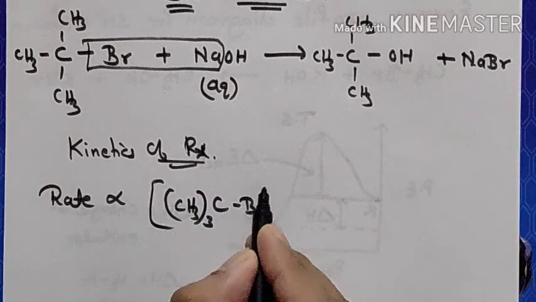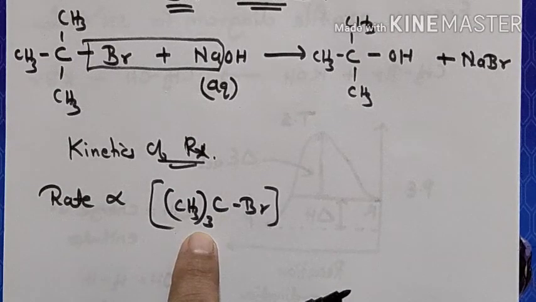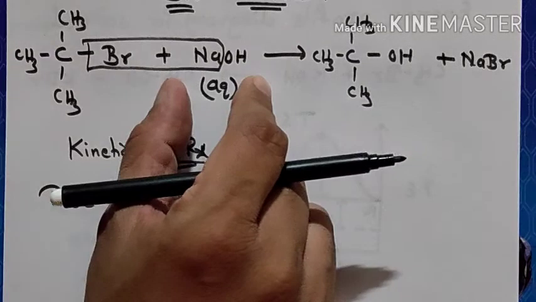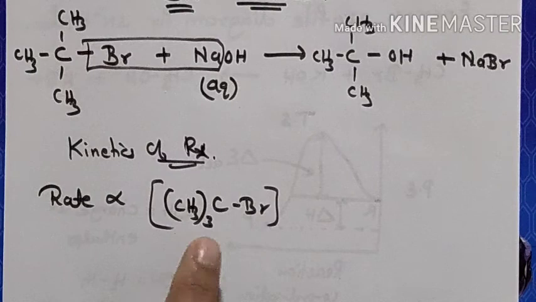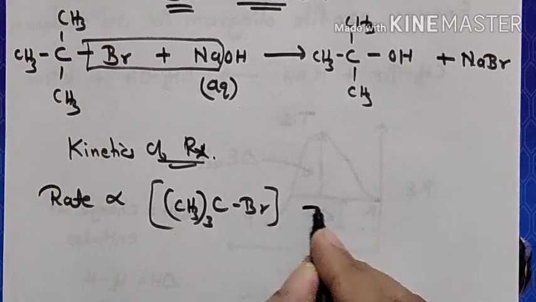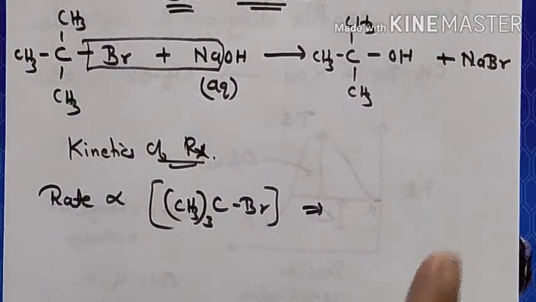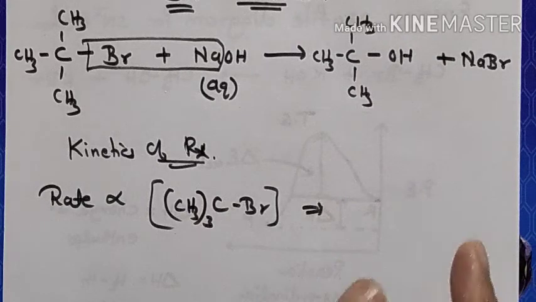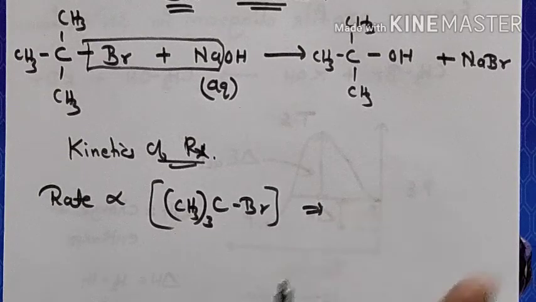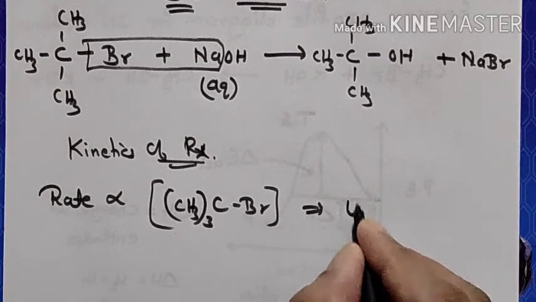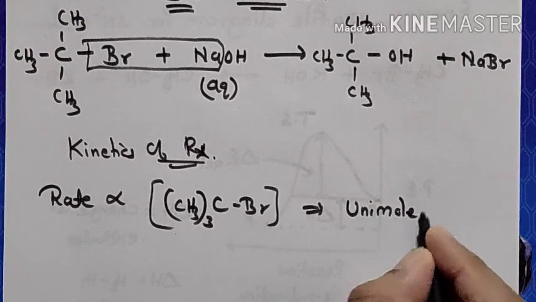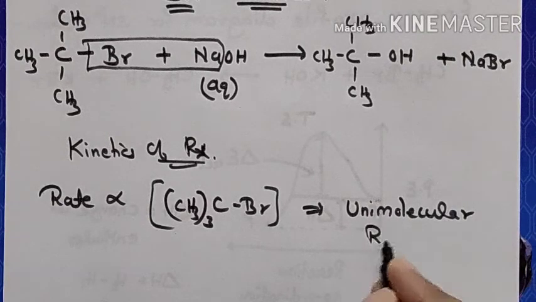It depends only on the concentration of tertiary butyl bromide. It does not depend upon the concentration of NaOH. And that's the reason it is unimolecular. That's why we say SN1. S means substitution, N means nucleophile, and 1 is unimolecular. Since this rate of reaction only depends upon one molecule, it is called a unimolecular reaction.